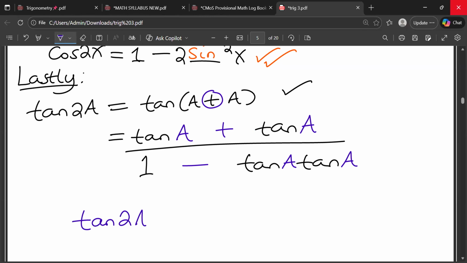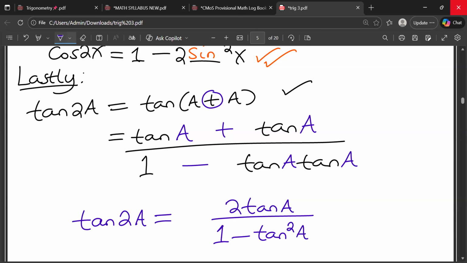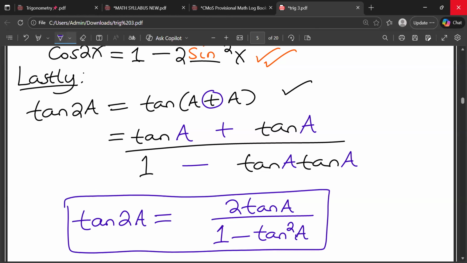So for tan 2a, this one will be 2 tan a over 1 minus tan squared a, because it will be tan a and tan a. Yeah. And this is one of the things UNEB likes so much. Let me hope people we are at the same page.